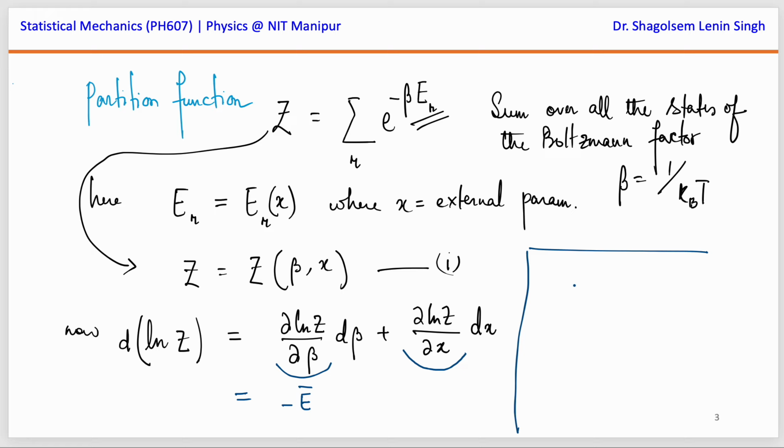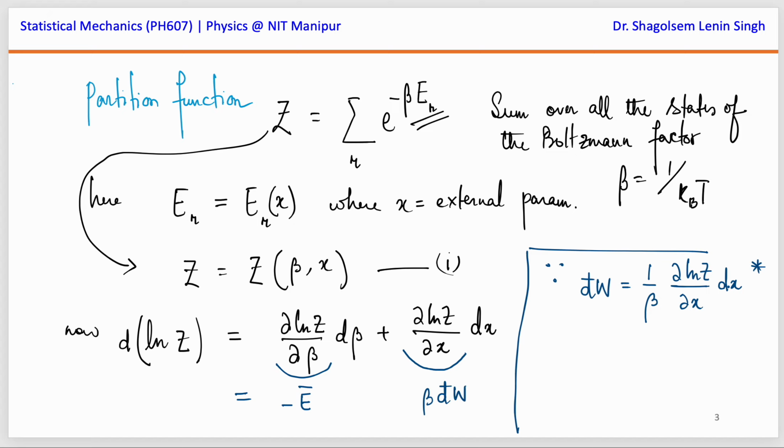We can in fact show that this work done, which is path dependent, can be written as the following: del log Z by del x into dx. So this may be taken as your home assignment or home reading to figure out how this relation comes about. And if we plug in this expression, it can be written immediately as beta d omega.